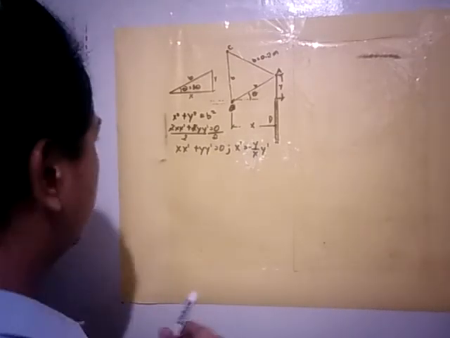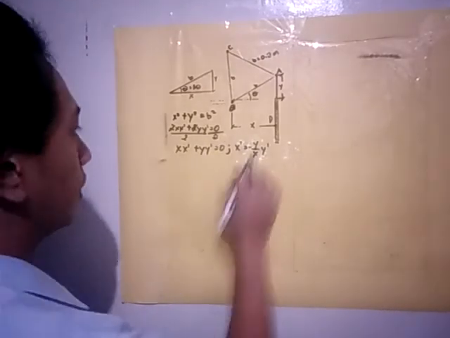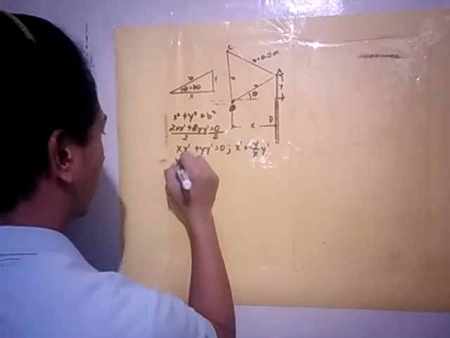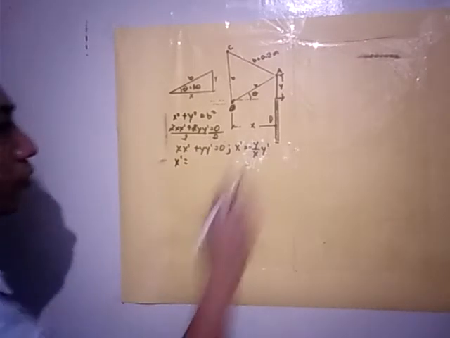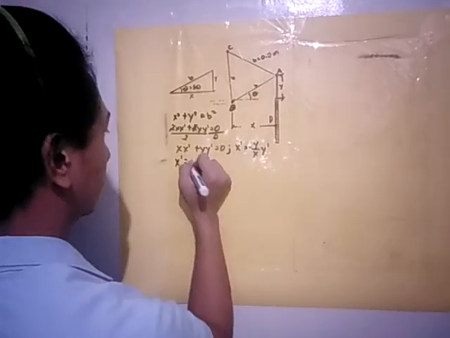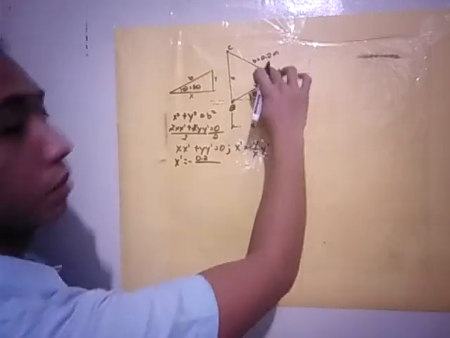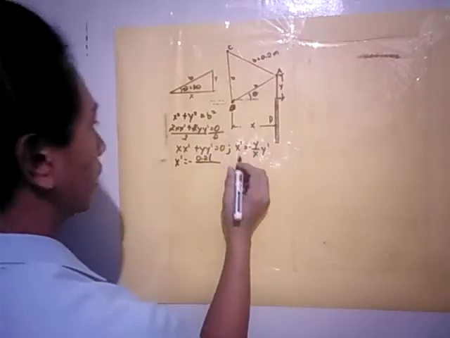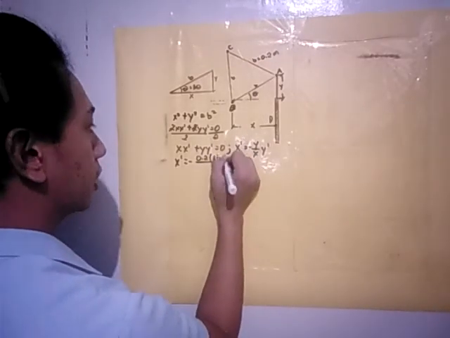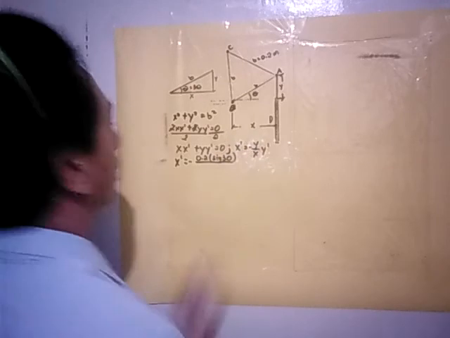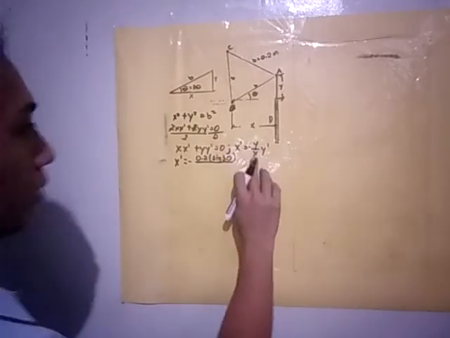Now that I have a value of y, x prime is equal to negative 0.2, which is our b, times sine 30 degrees, divided by our x.